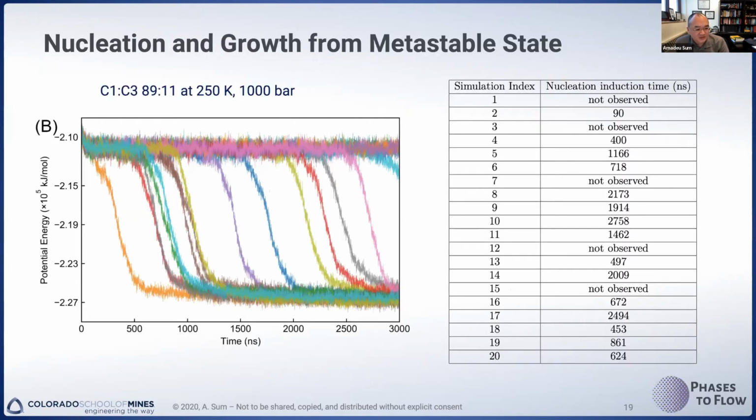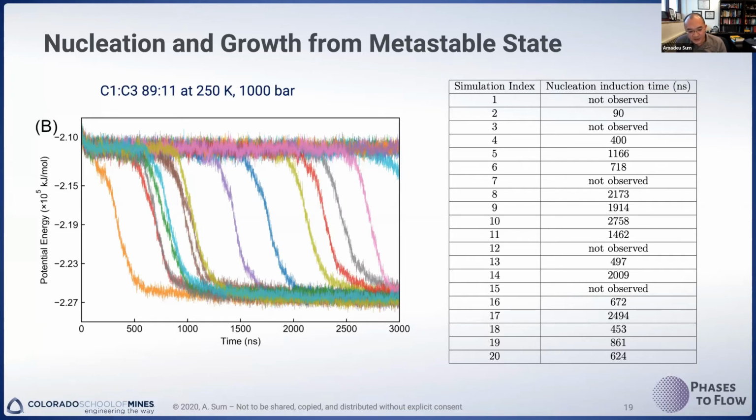And so this is an example of the potential energy that we obtain for one concentration of this methane-propane system. And you see there's a distribution of the times at which nucleation happens and then the subsequent growth. And that's important because, again, nucleation is a stochastic process, right? You don't want all of them to nucleate immediately.